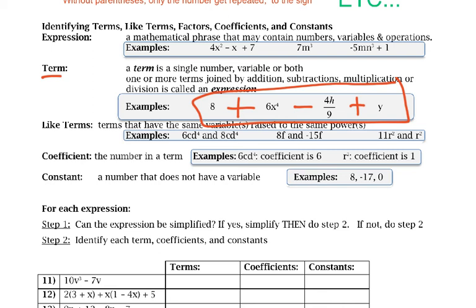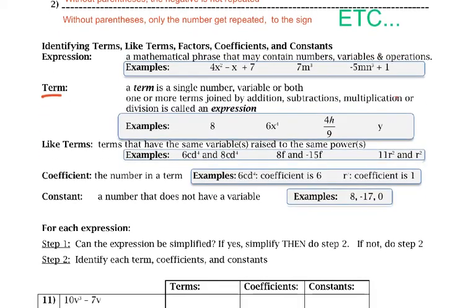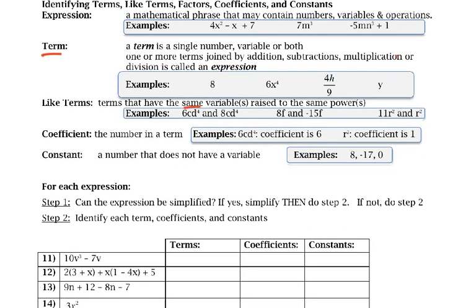Okay, the next thing, and this is something that you've had practice with before, is like terms. Like terms are terms that have the same variable part, raised to the same power, so all the variable parts have to match. So if you look at what I have there in examples, the 6cd to the 4th and 8cd to the 4th, because the cd to the 4th matches, they are like terms. So it's kind of like if I have an apple plus 2 apples, I can add those together and I have 3 apples.